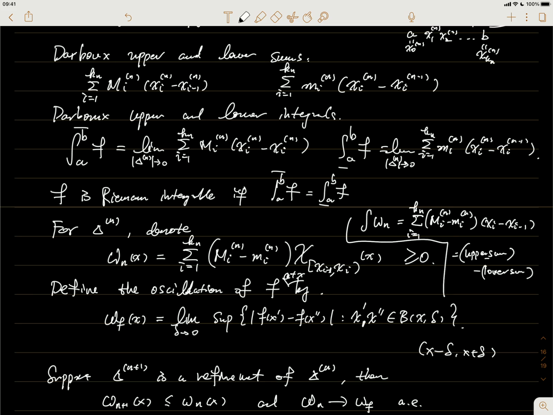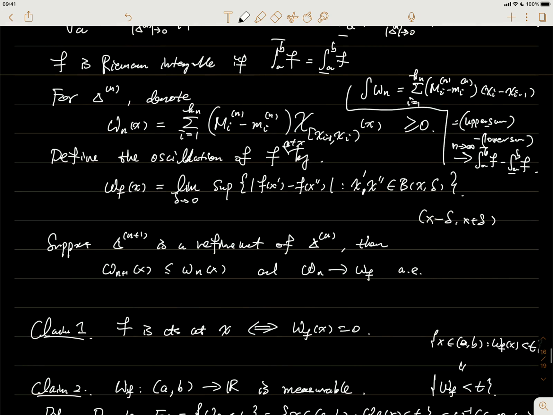All right, and then as we showed, when n goes to infinity, and delta n goes to 0, the Darboux upper sum goes to this, and the Darboux lower sum goes to this. So this eventually goes to the difference of the upper integral minus the lower integral as n goes to infinity. This is what happens to the integral of Wn. The limit is equal to that.